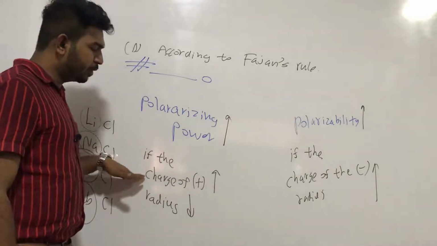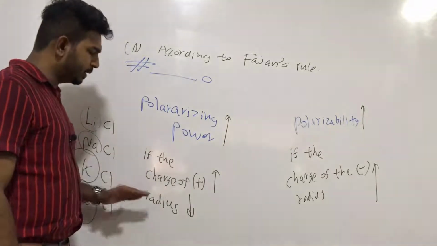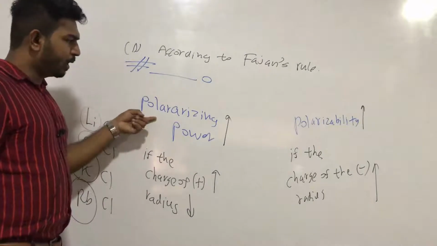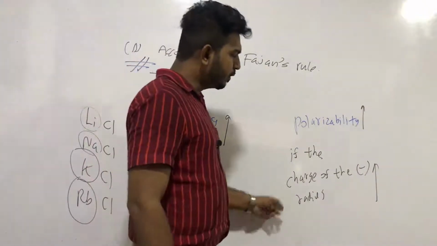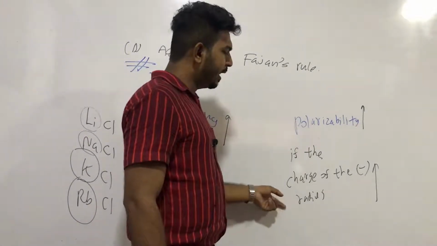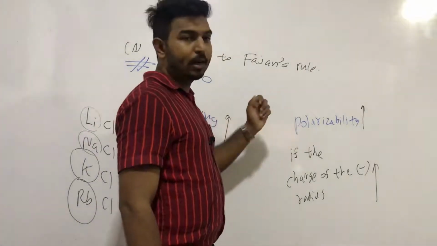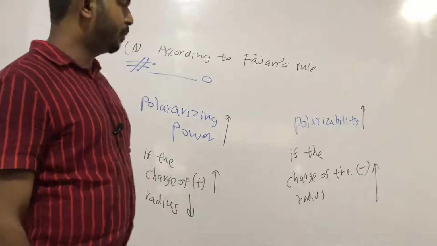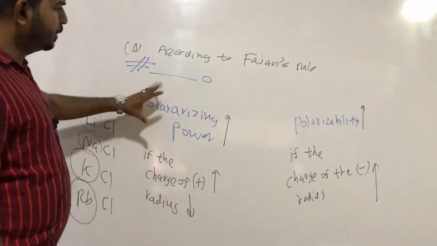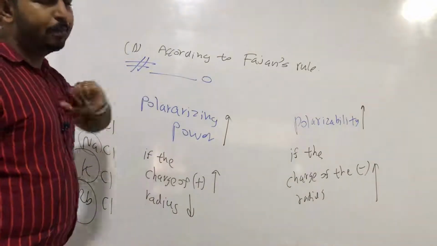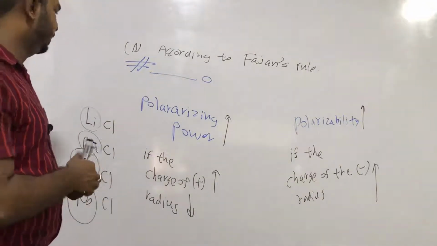When the charge of the cation increases and the radius decreases, polarizing power increases. When the charge of the negative ion and the radius increase, polarizability increases.